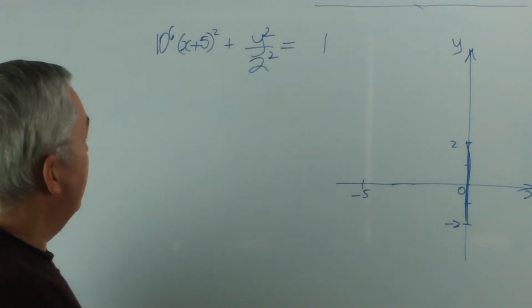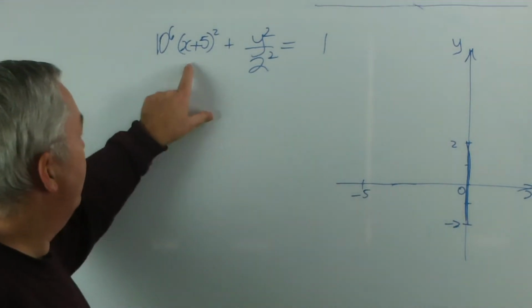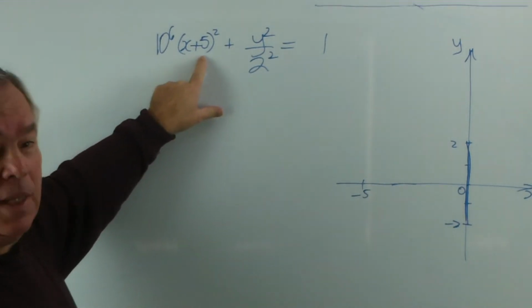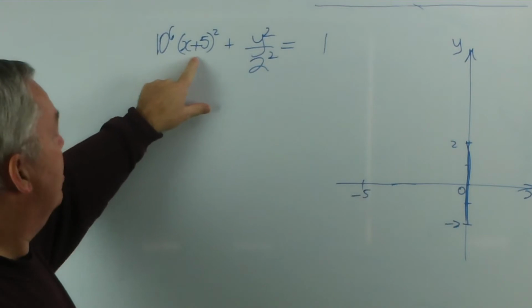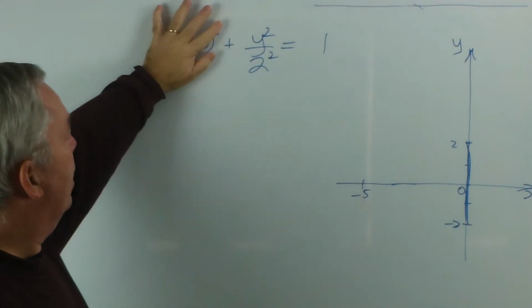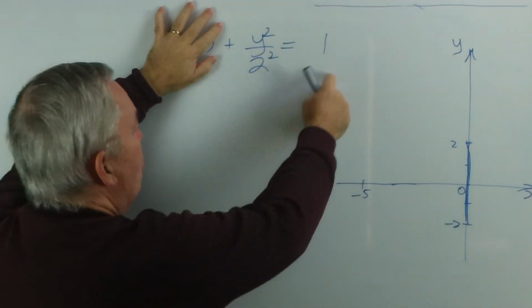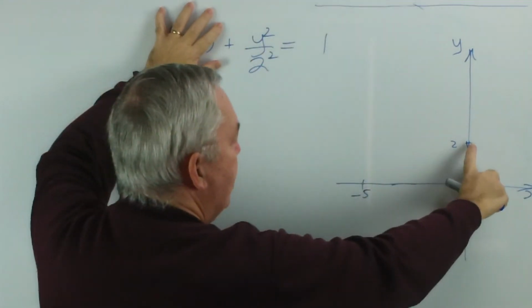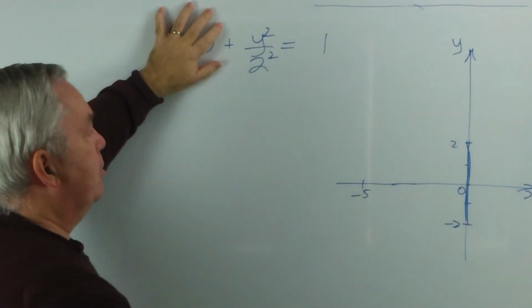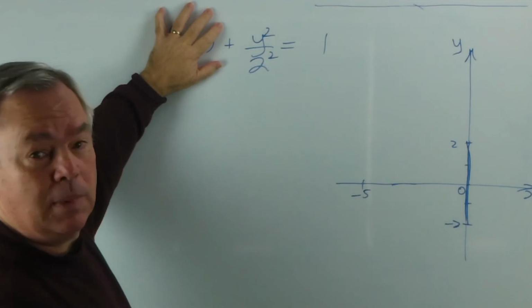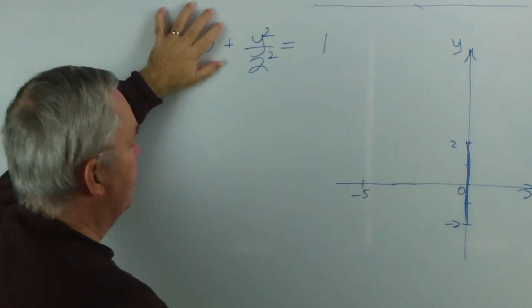And you can see that when x is worth -5, this becomes worth 0, and this portion behaves exactly as it did back over here, where y would have values of +2 and -2.